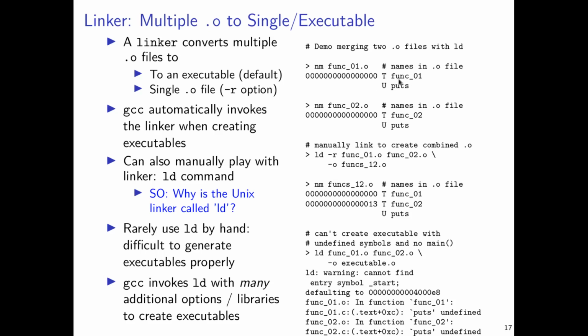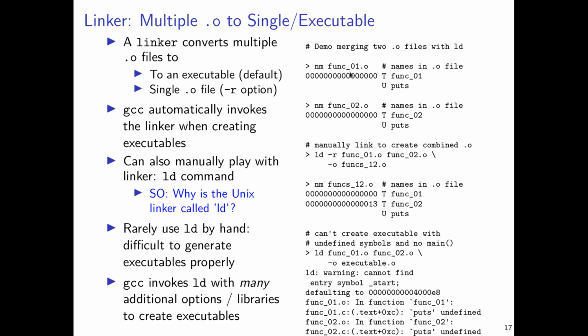One of them is in the text section. It's this func01. And the other global symbol that's present there is this puts, but according to the U here, it's undefined, as in not any place at this moment. It's used in here, but it is not actually defined any place.